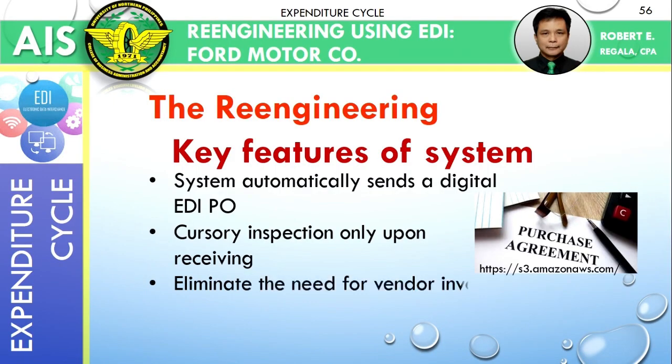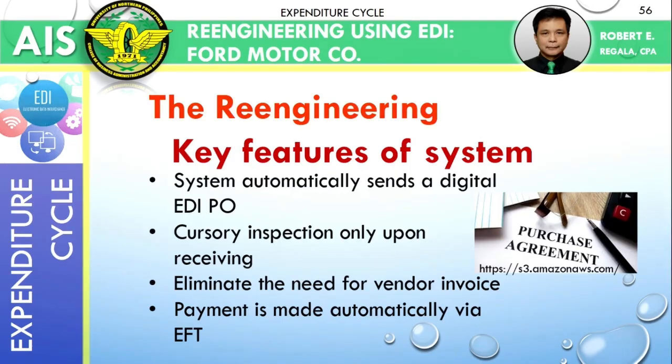Because the financial information about purchases is known in advance from the trading partner agreement, the vendor's invoice provides no critical information that cannot be derived from the receiving report. By eliminating this source of potential discrepancy, Ford was able to eliminate the three-way match for the majority of purchase transactions. And 4. Payment is made automatically by electronic fund transfer directly to the vendor's bank account.